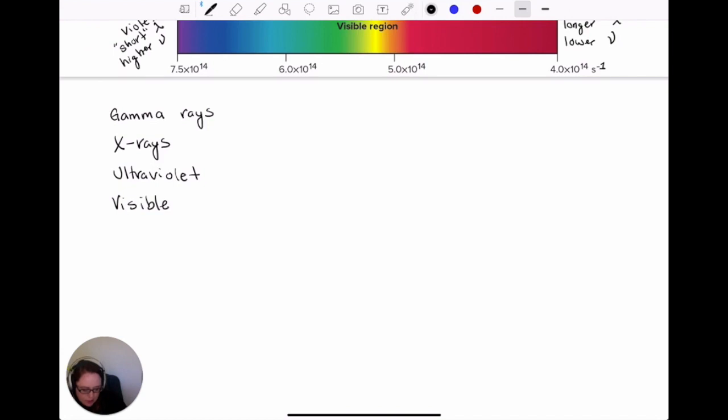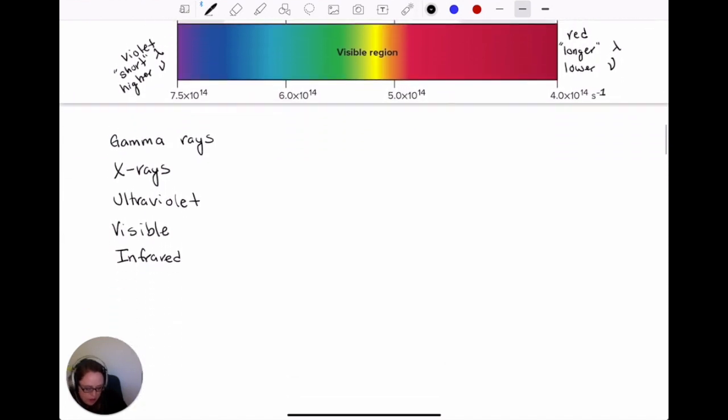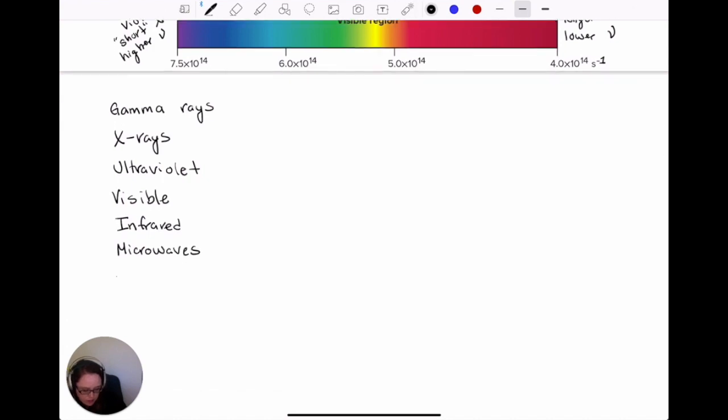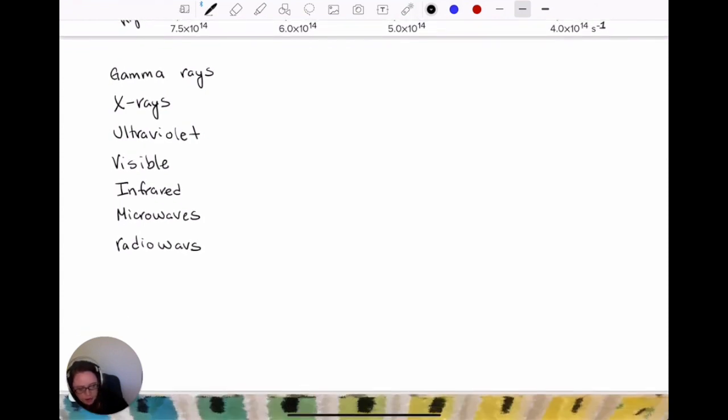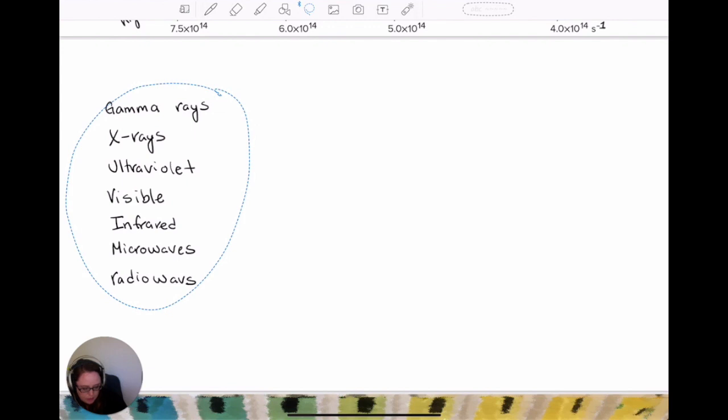We have our visible, and our infrared, which is going past the red that we can see visibly. And then we have our microwaves and our radio waves. Then I'm going to pull this and just center it a little bit.